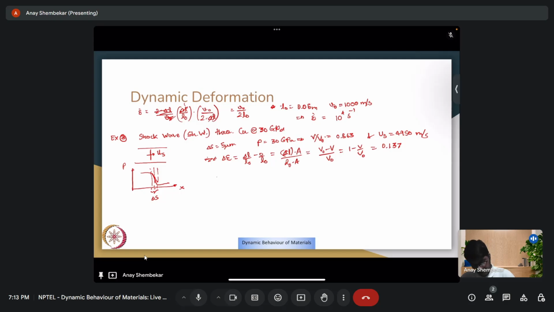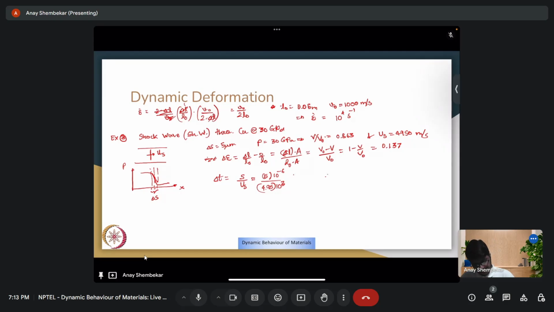And delta t is nothing but shock width upon shock wave velocity. This is 5 into 10 raised to minus 6 upon 4.95 into 10 raised to 3, which is of the order of 10 raised to minus 3.